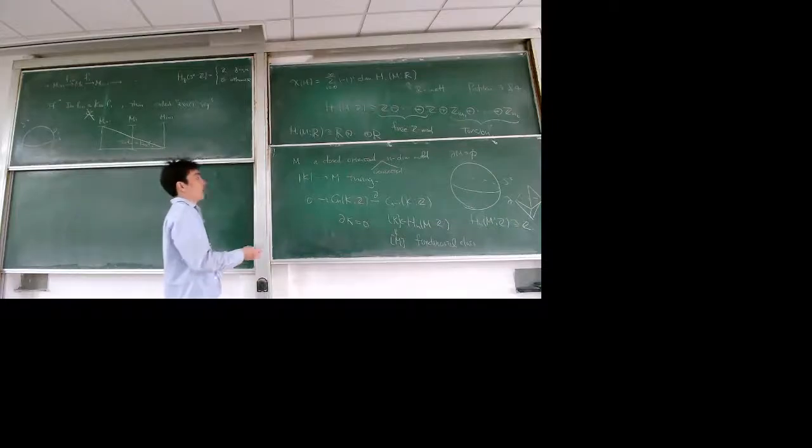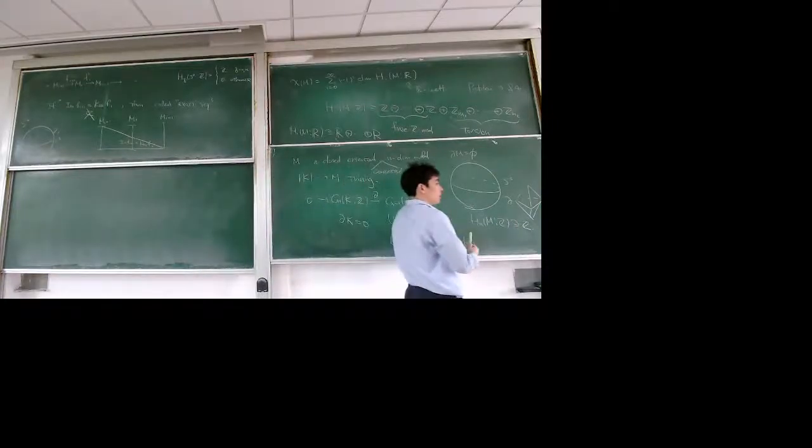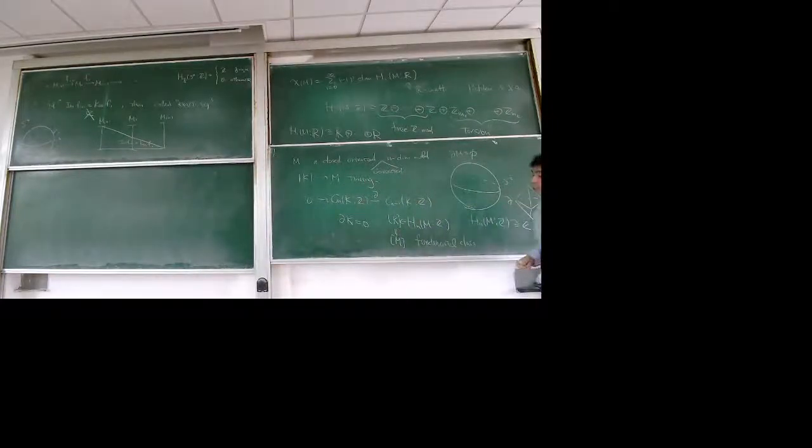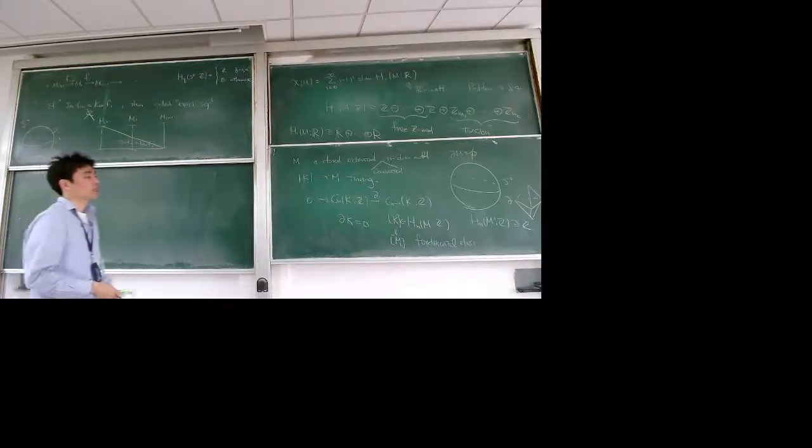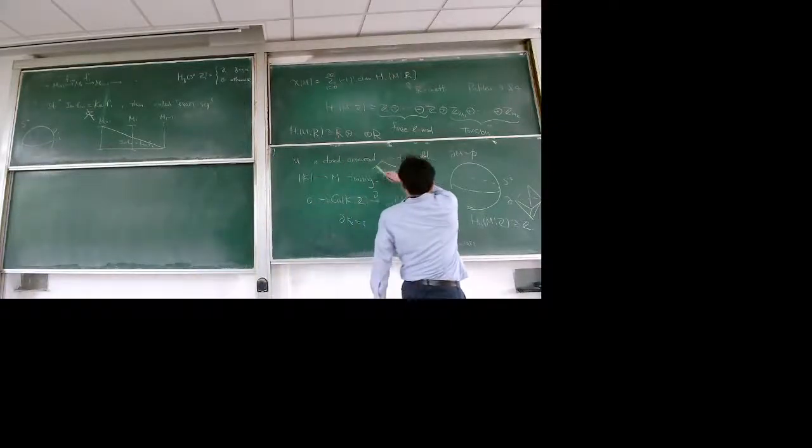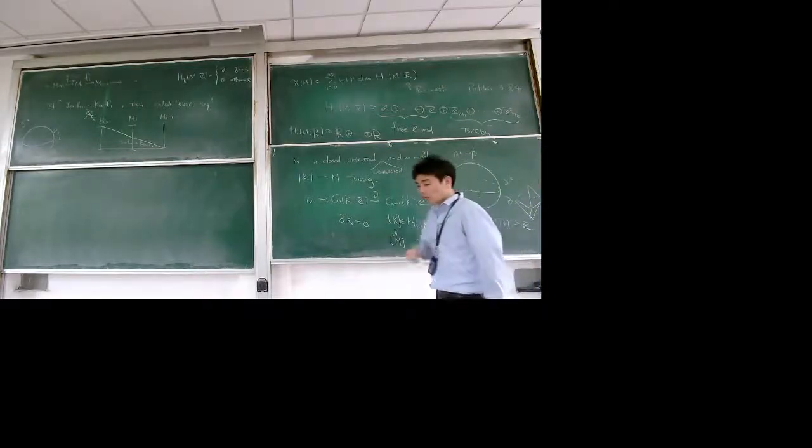If it is unoriented, the top form has some problem. Is it always zero? Let me think. Yeah, I think it's always. Indeed, if it is unoriented, closed, connected, this becomes 0.